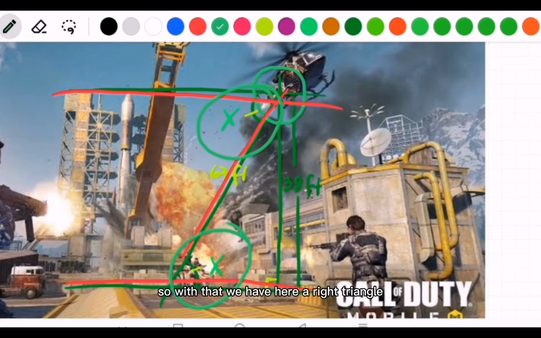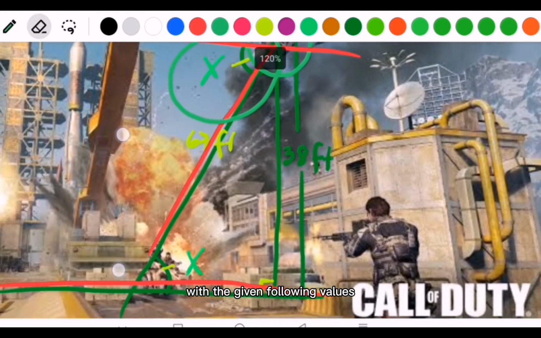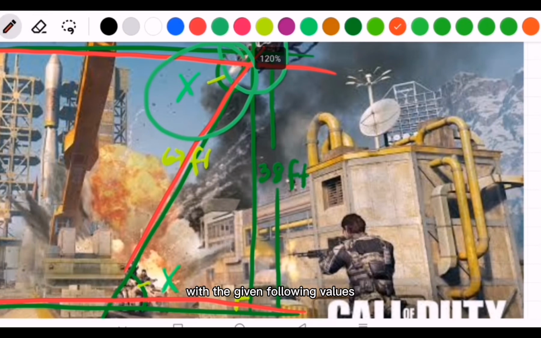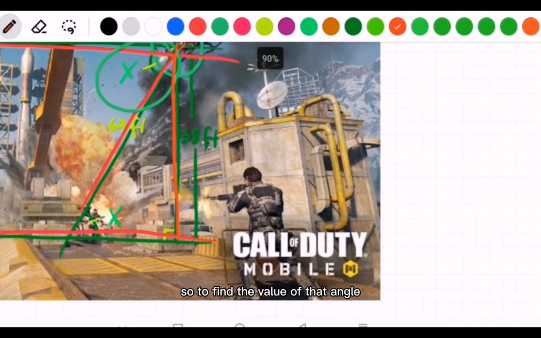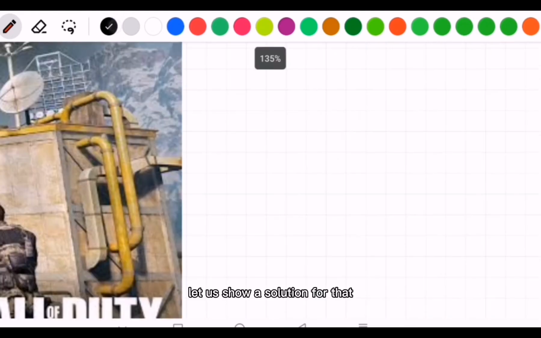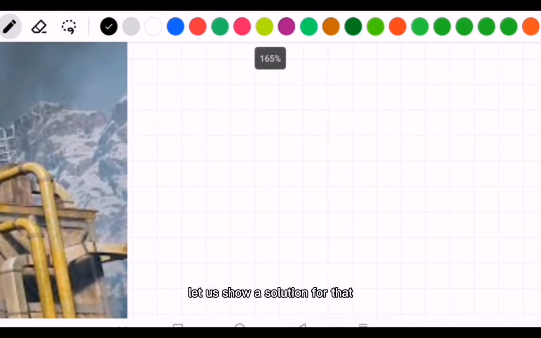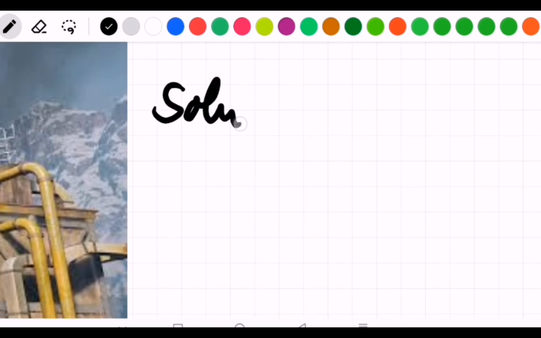So with that, we have a right triangle with the given following values: 67 feet, which is the hypotenuse, and 38 feet, which is the opposite of the unknown, which is angle X. To find the value of that angle, let us show a solution for that.